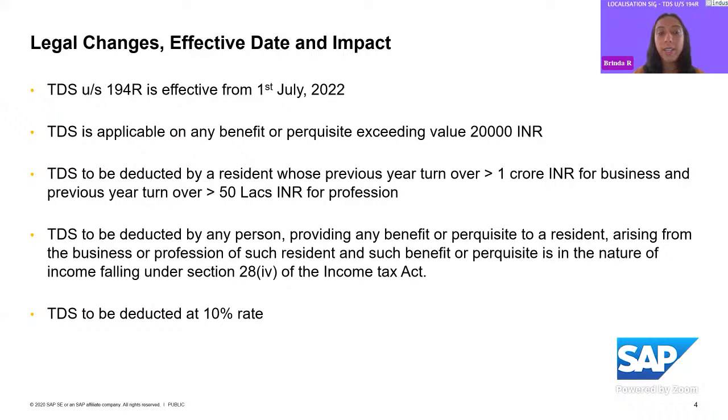Then TDS is to be deducted by any person providing any benefit or a perquisite to a resident arising from the business or profession of such resident, in the nature of income falling under section 28(4) of the Income Tax Act. And the rule also says that TDS is to be deducted at a 10% rate.